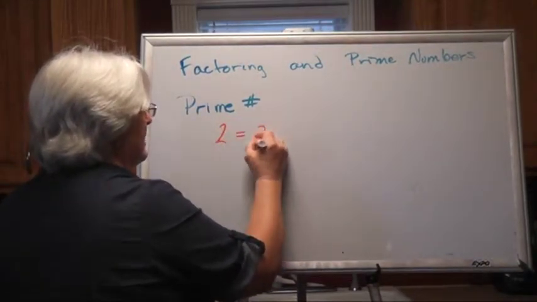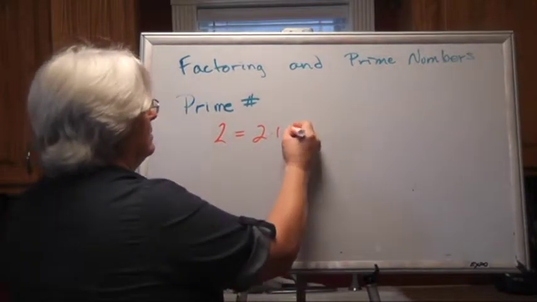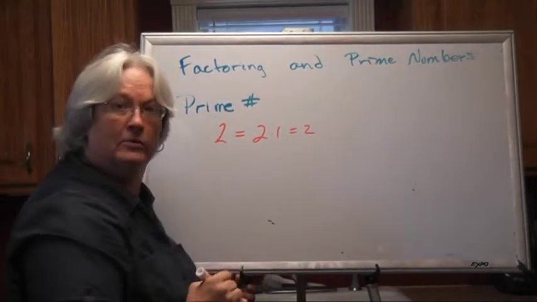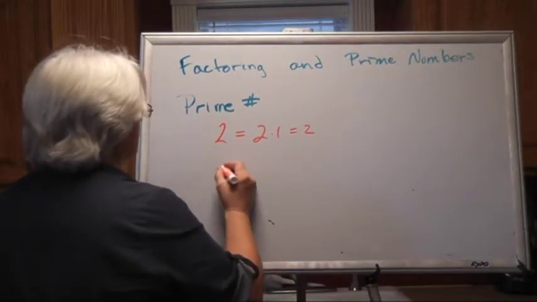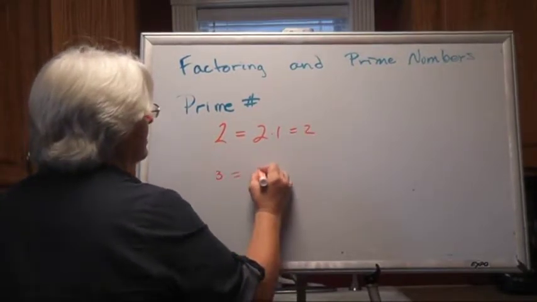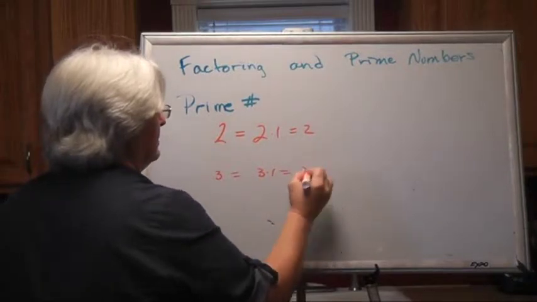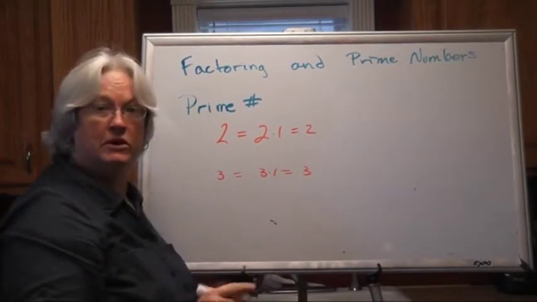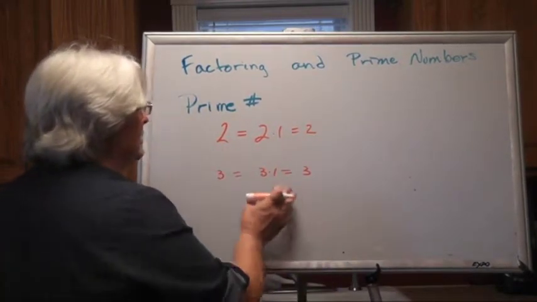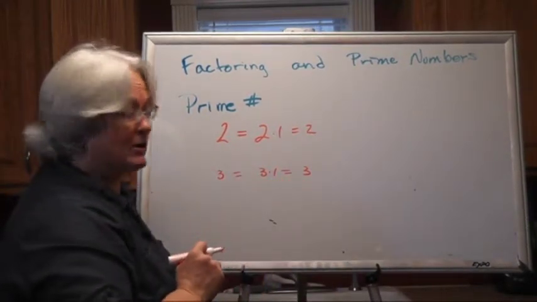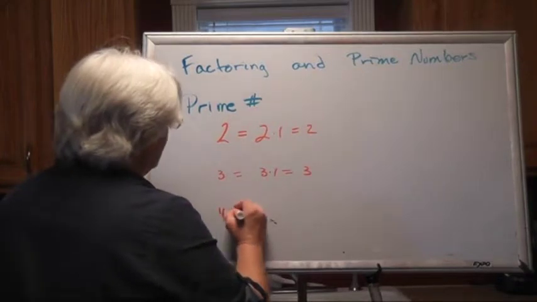Well, you can say 2 times 1 is equal to 2. Any way else that you can come up with that? No? What about 3? 3 is equal to 3 times 1. Is there any other way you can multiply 2 integers together that are positive and come up with 3? No.